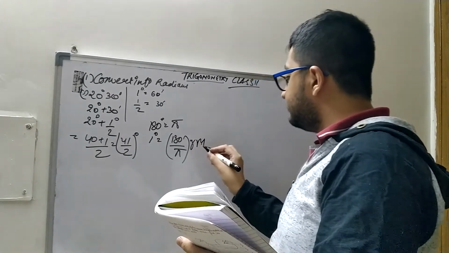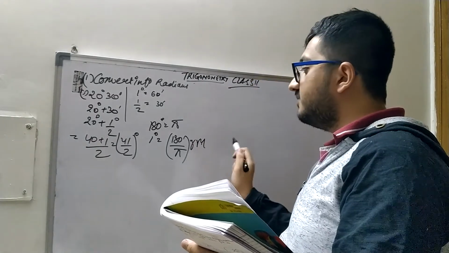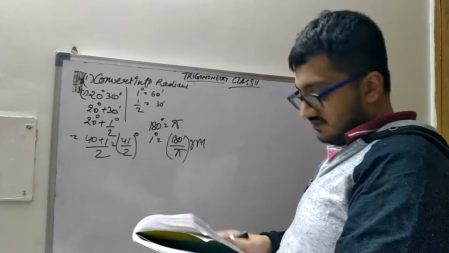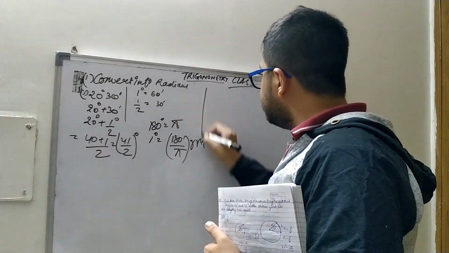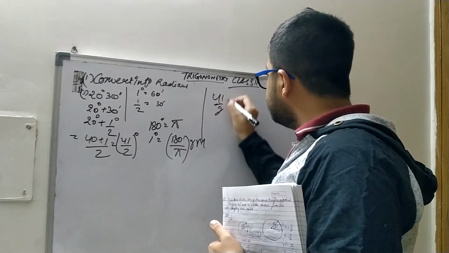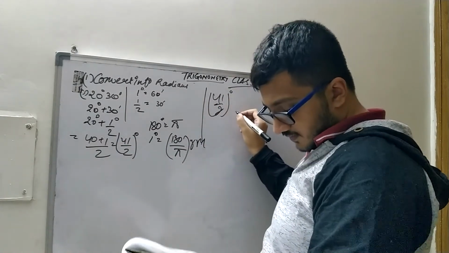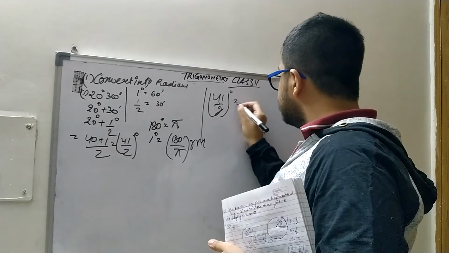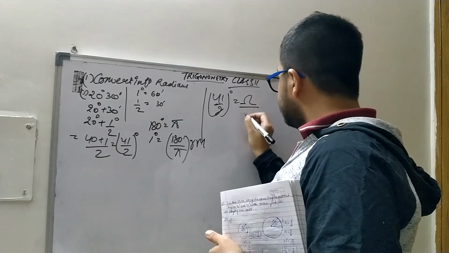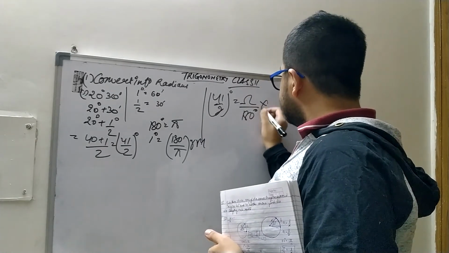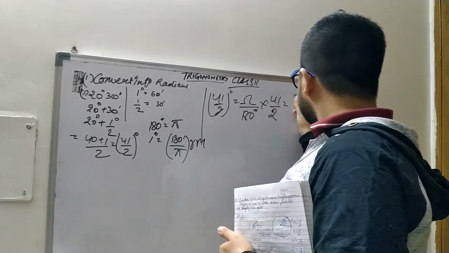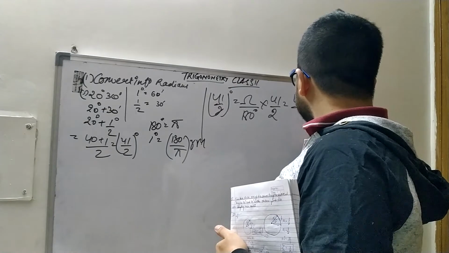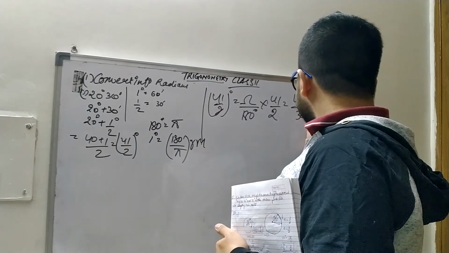For radian measure, I write RM. So 41 by 2 degrees is equal to pi upon 180 into 41 by 2, that is 41 pi upon 360.